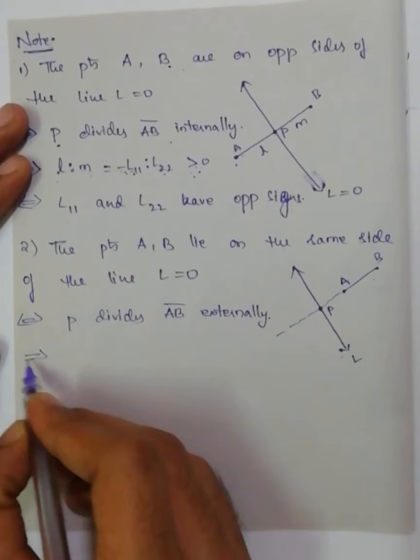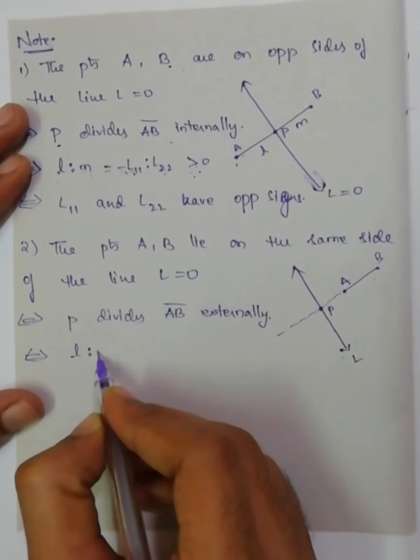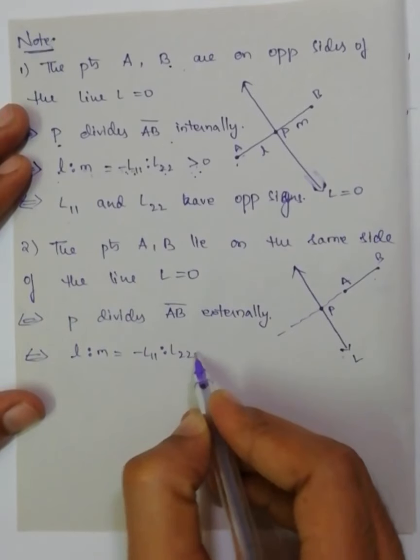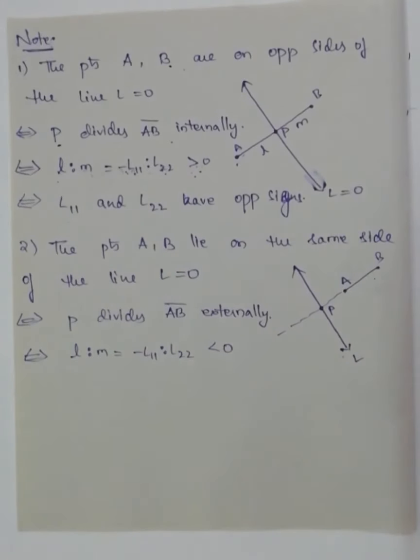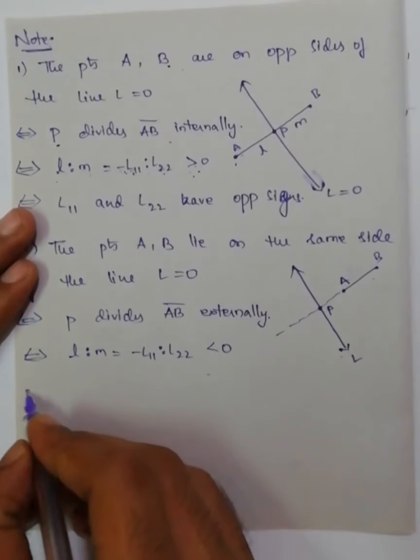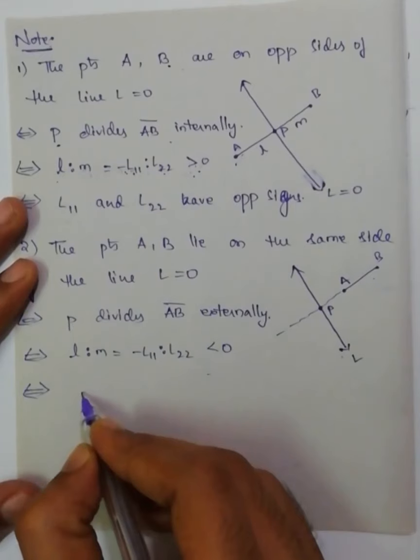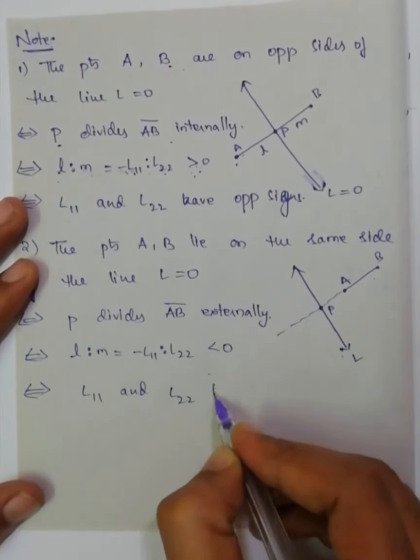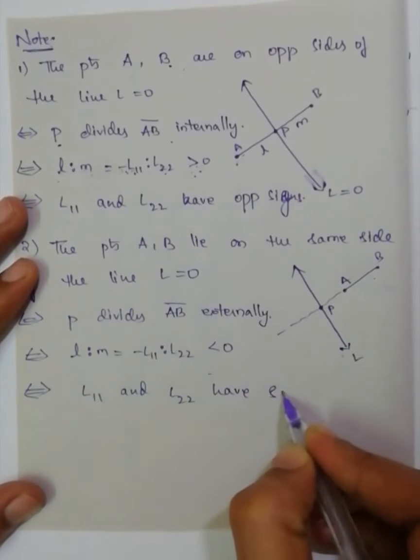If and only if the ratio L is to M, nothing but minus L11 is to L22, should be negative. If it is positive, it will be internal. So it should be negative, if and only if L11 and L22 have the same sign.